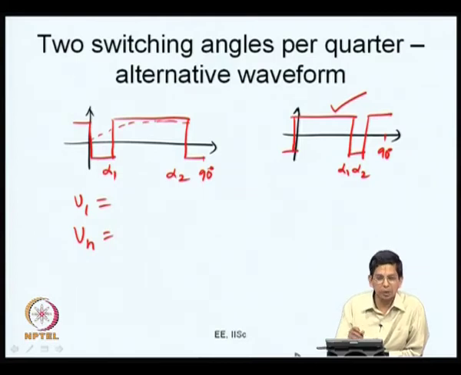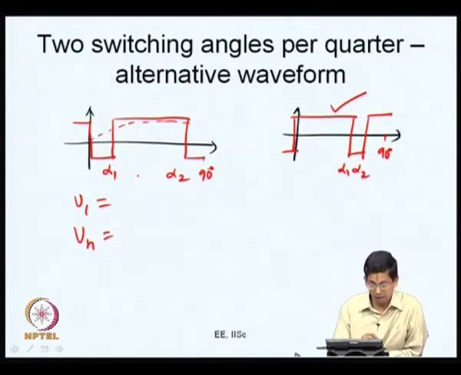Only then you will get a positive voltage, otherwise the fundamental may have an opposite phase, it may be going negative here. On the other hand, if you look at this waveform, alpha 1 and alpha 2 have to be close to one another for you to have a positive phase. Otherwise, your fundamental voltage might have a negative phase, it might be going in the negative direction here.